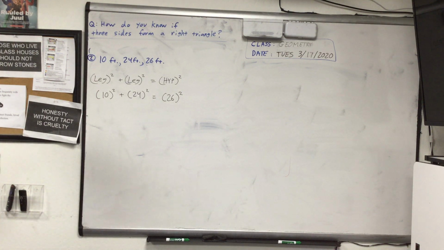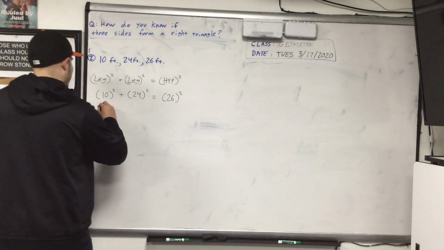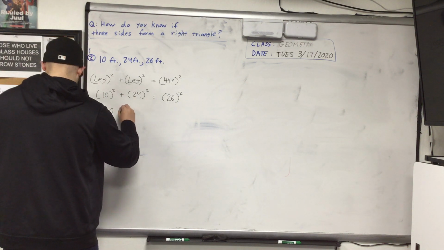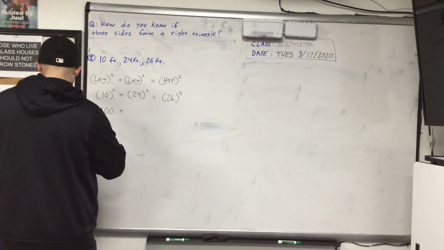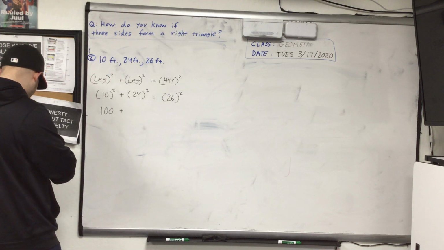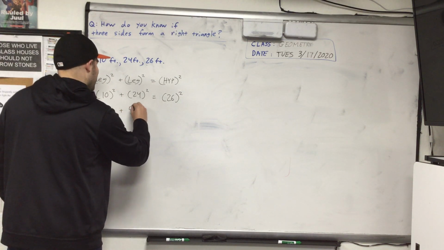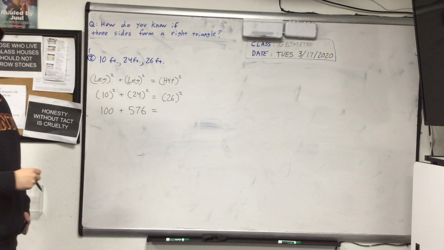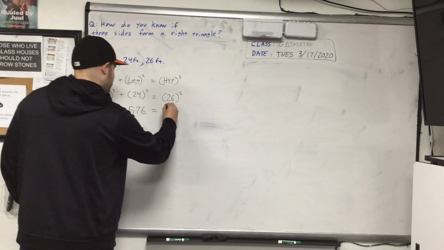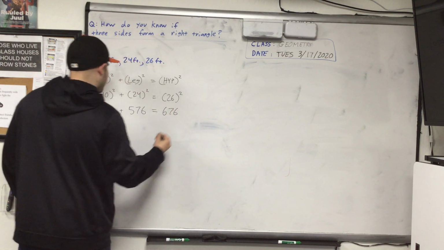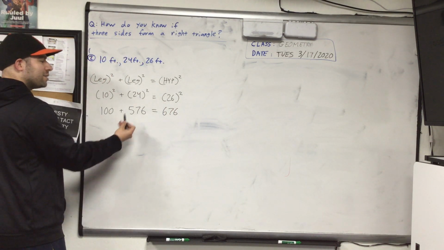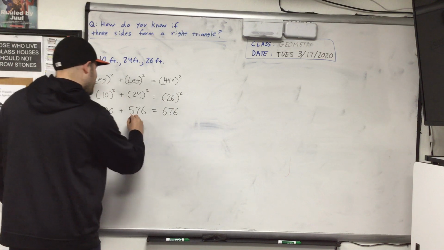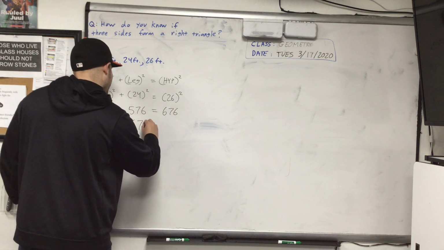Okay, so I know for a fact that 10 squared is 100. 24 squared, I believe is 576, but I'm going to make sure. Yep, it is 576. And 26 squared is 676. Let's add these together. 100 plus 576 is in fact 676.